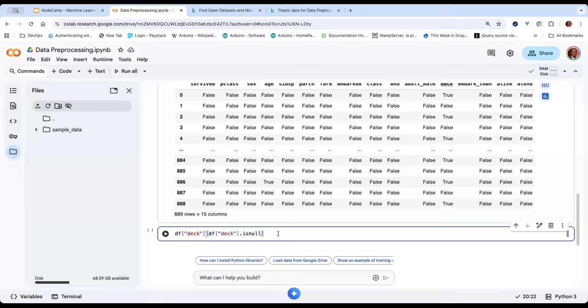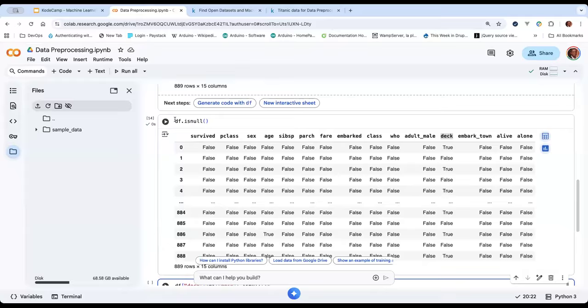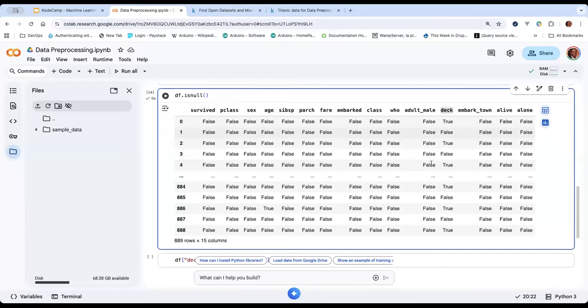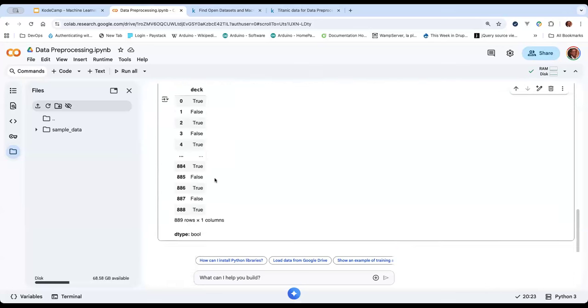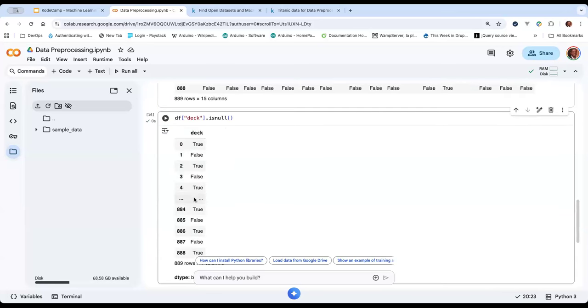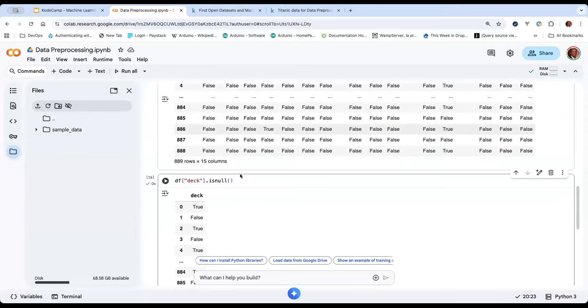A mask. So this is what we call a mask. So df deck is null is the function I just did here. df deck is null is going to give me only the column that is null. So df deck dot is null will give me just a column, and it will give me true where it is null and false where it is not.